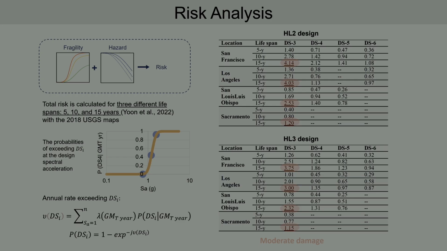This change can be deemed a minor change. So we can stick to the current design approach for temporary bridges, or this can inform an update of the current provisions for temporary bridges to go to hazard level 3, so a 200-year based design.